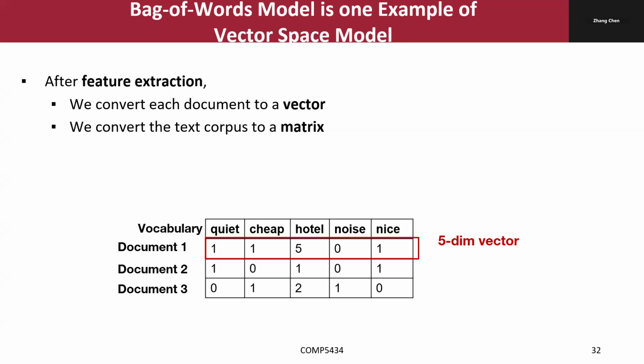If we stack the document vectors together, we get a matrix. In this example, we have 3 documents and 5 words, so as a result we got a 3 times 5 matrix. This matrix is a numerical representation of the whole text corpus. So now we use a matrix to represent the entire text corpus.